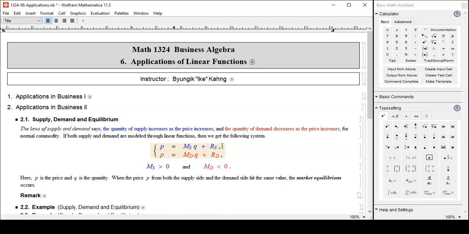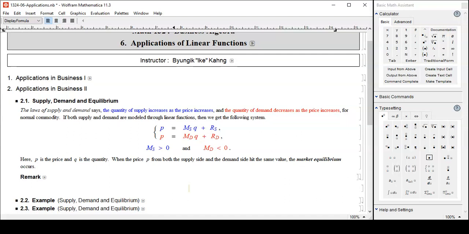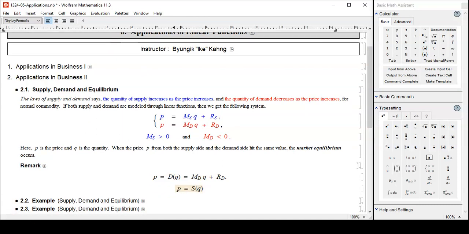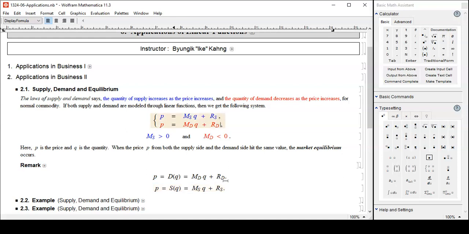P, price, is written in terms of the quantity. P is MQ plus R. So it gives you an illusion that P, price, can be written as a certain function of Q for demand side, like this, and also the price can be written as a function of Q in supply side, like this, as you see over here and there.